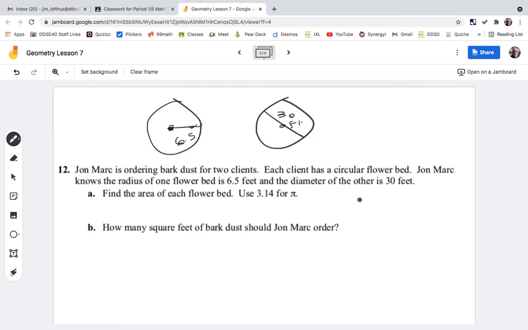Okay, so let's do these separately. Area of the smaller one is 3.14 times 6.5 squared. 6.5 times 6.5 is 42.25. So area is equal to 3.14 times 42.25.